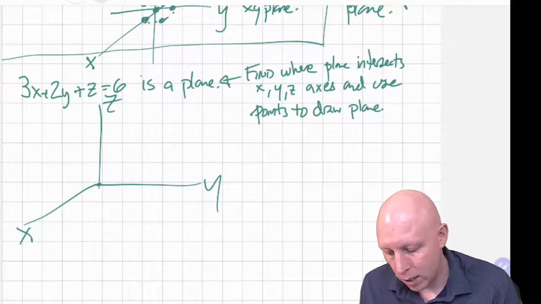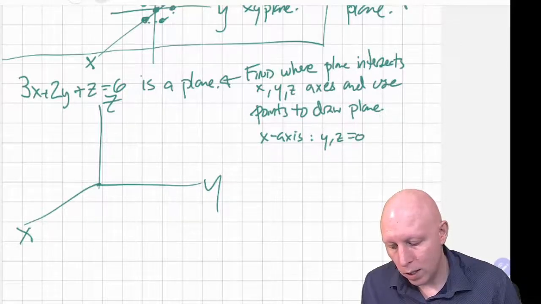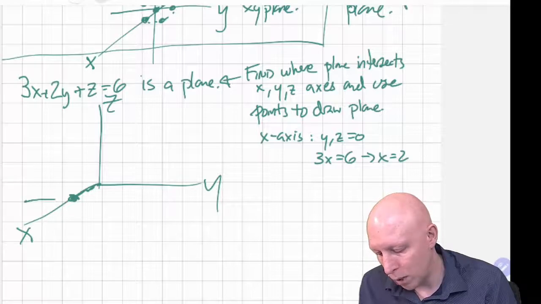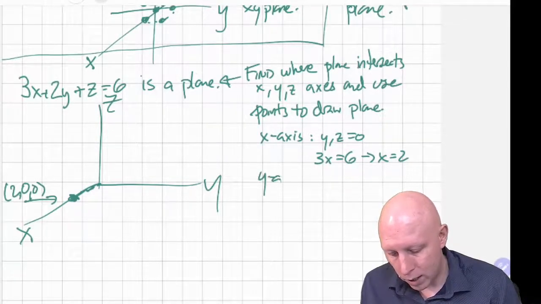So in this case, if we're on the x-axis, then y and z are 0. So we get 3x plus 0 equals 6, so x equals 2. So we walk out 2 units, and this is our point that's on the plane. So this is 2, 0, 0. And then we look at the y-axis.